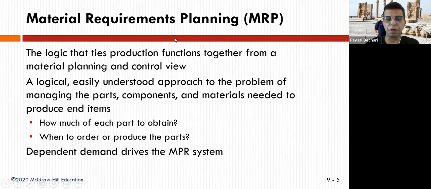Now, the MRP is the logic that ties production functions together from a material planning and control view. So I'm planning to produce something. This product is made of 100 small pieces that are integrated with each other, and some of them could be similar, some different.